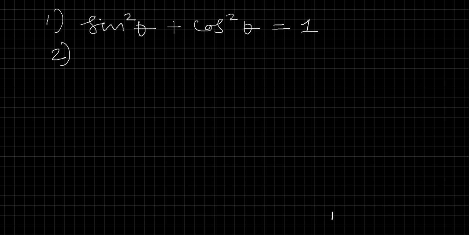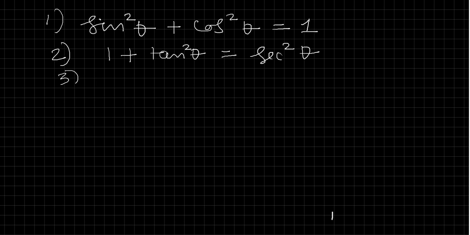The second one is 1 plus tan square theta is equal to secant square theta. This is the second identity.